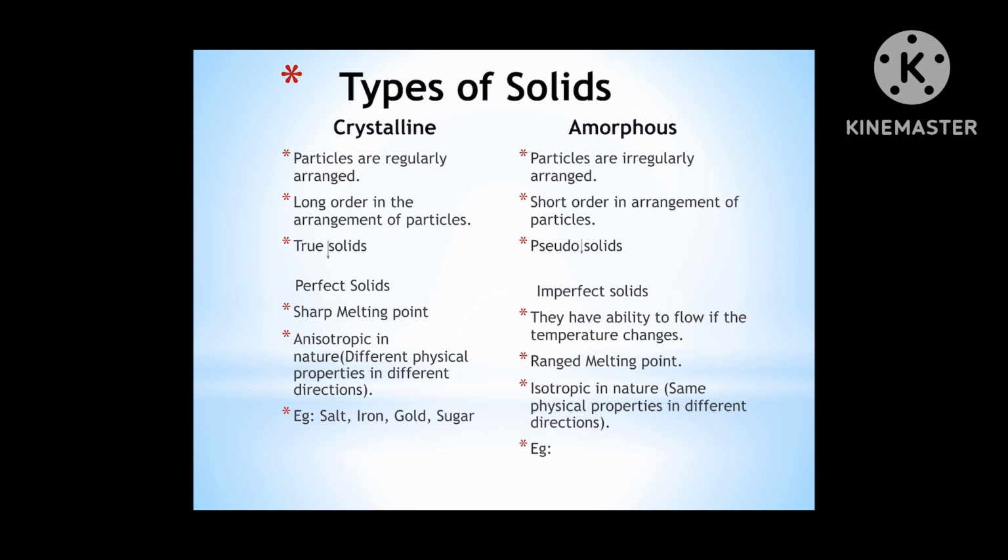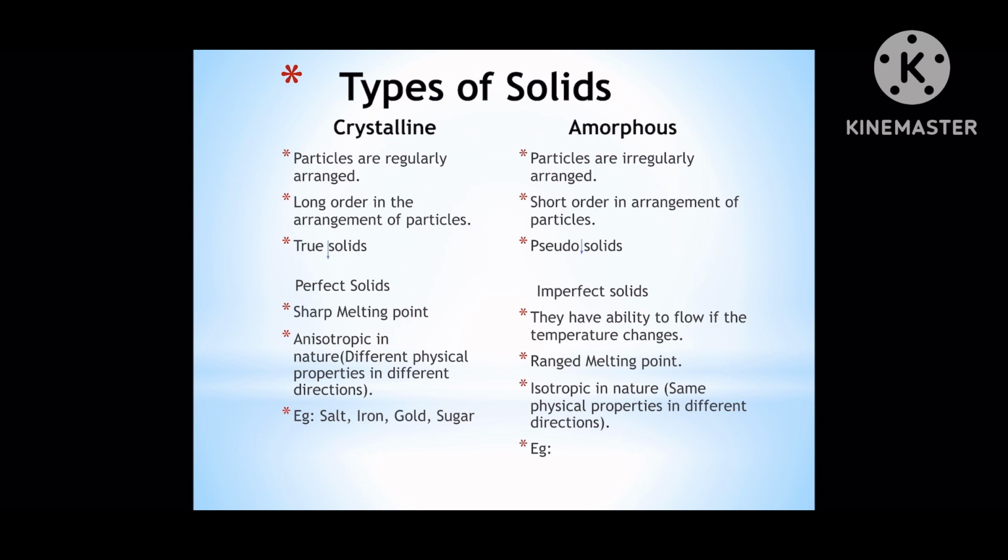Examples of crystalline solids are salt, iron, gold, sugar, whereas examples of amorphous solids are glass, rubber, wax, etc. Now we can easily differentiate crystalline and amorphous solids by their arrangement, their melting point, their nature and their properties.